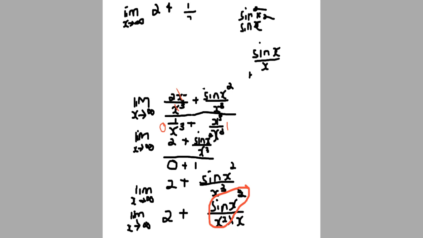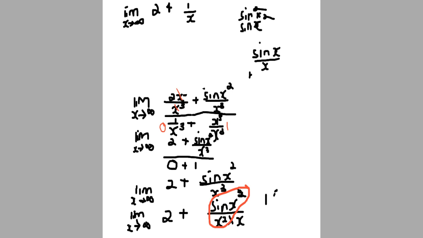Why do we have 1 over x? This should not confuse you. We have 1 over x here because it's just like 1 multiplied by 1 over x, since we said that sine x squared over x squared is equal to 1.